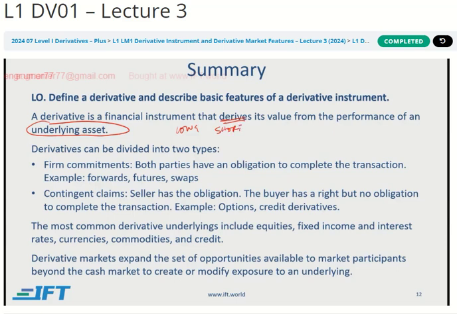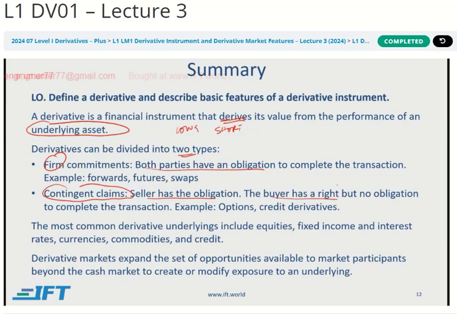And then you can have 2 types of derivatives. One is a firm commitment, in which both parties have an obligation, but a contingent claim is where the seller of the claim of that particular derivative has the obligation, but the buyer has a right.